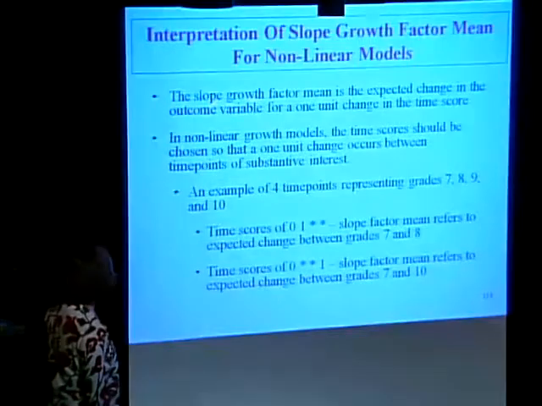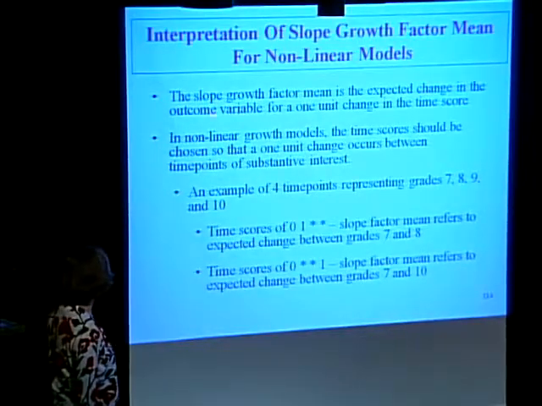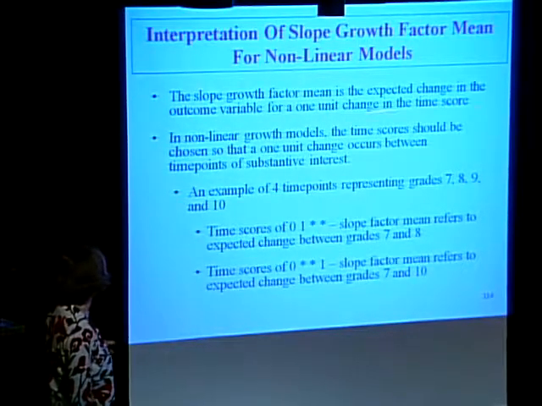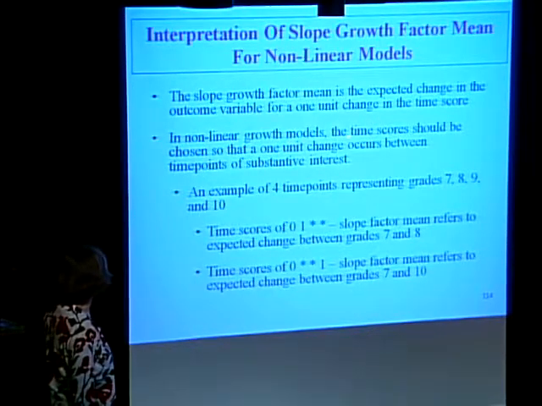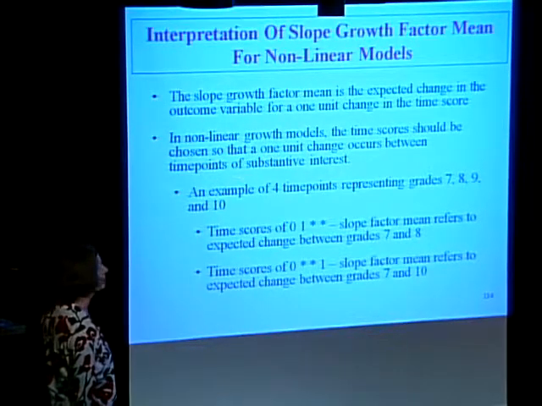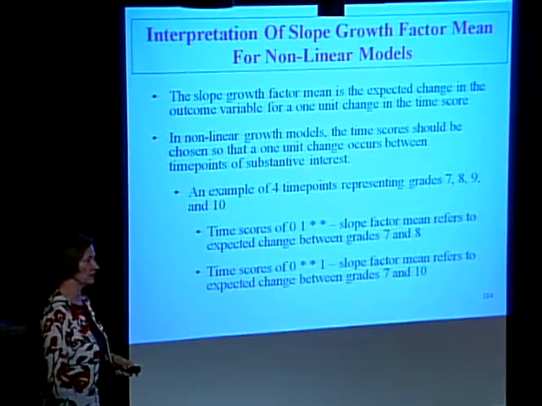So we know that the slope growth factor is the expected change in the outcome variable for a 1-unit change in the time score. And in nonlinear growth models, the time score should be chosen so that a 1-unit change occurs between time points of substantive interest.